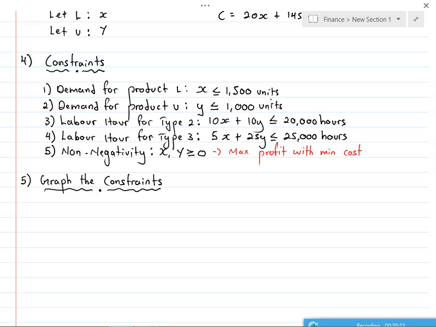So what are you going to put over here? Your constraint, let x equals to 0, let y equals to what? 0.